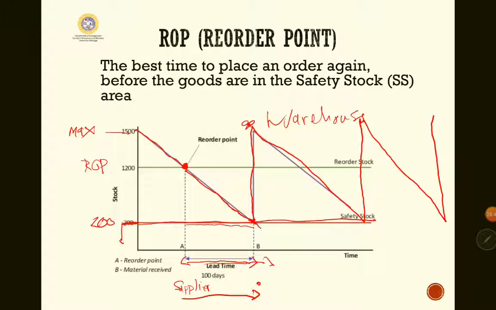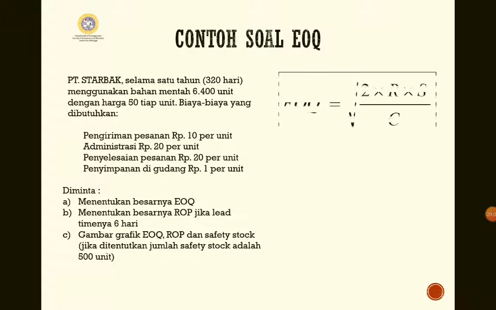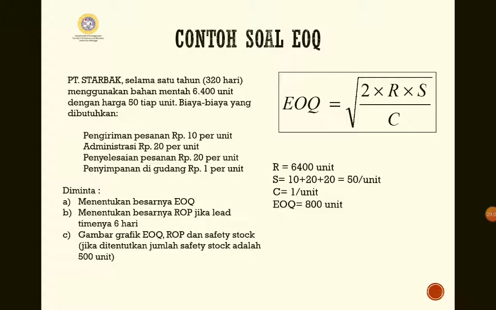You still have some stocks where it is critical. So by the time you touch here, you will no longer have inventory, and the production process will probably discontinue since you have no inventory. Okay, so this is the example of the EOQ problem.